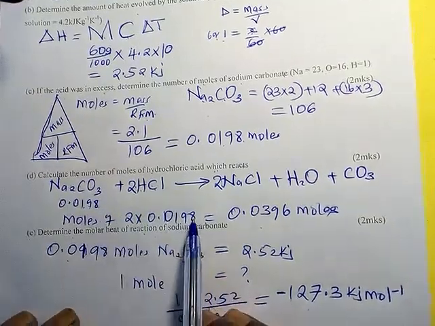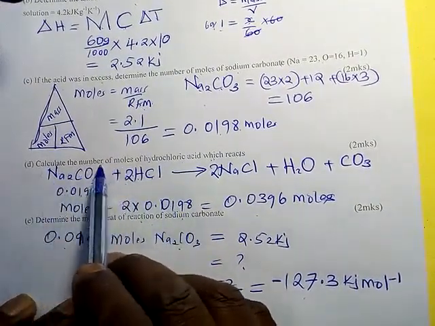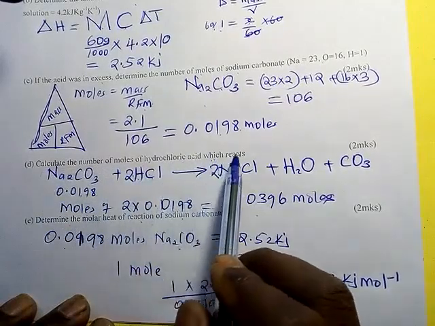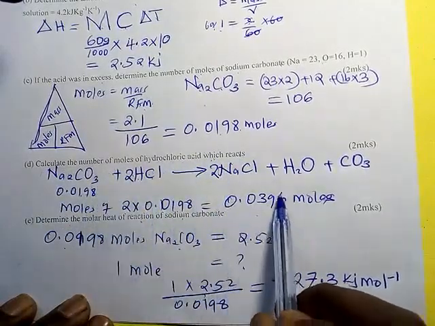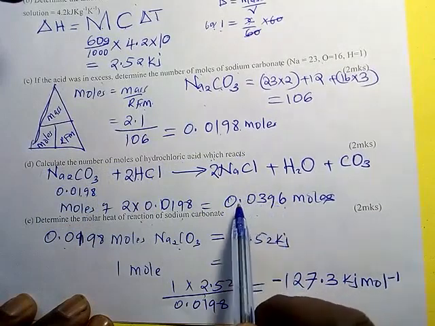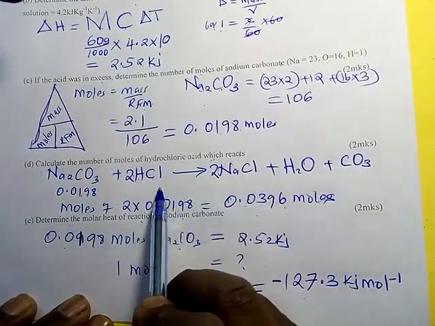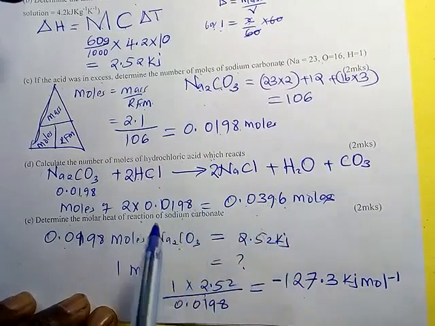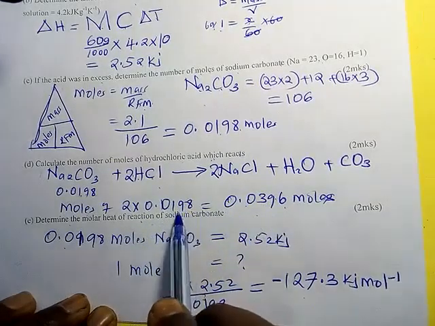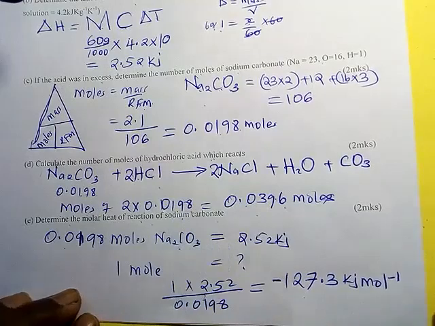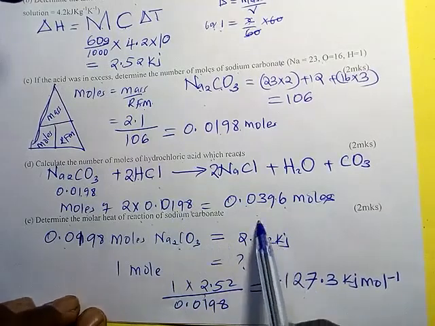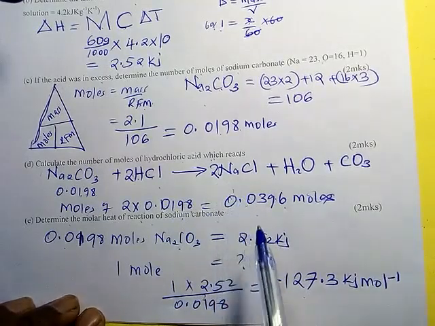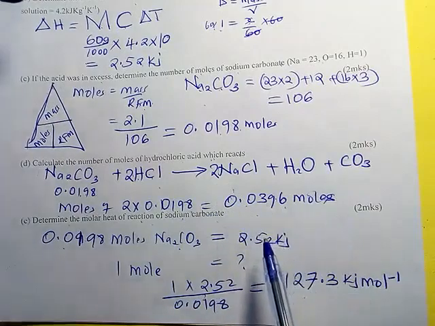We found out that moles of hydrochloric acid which reacted with the carbonate were this. Yes, because this is the moles that was in 60 that reacted with the carbonate, and the excess HCl that remained reacted with sodium hydroxide. And we have also calculated the moles of HCl that reacted with sodium hydroxide in the next equation.